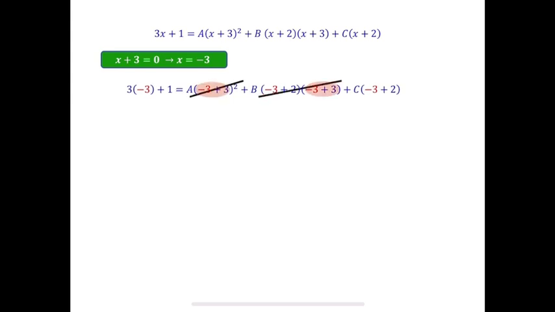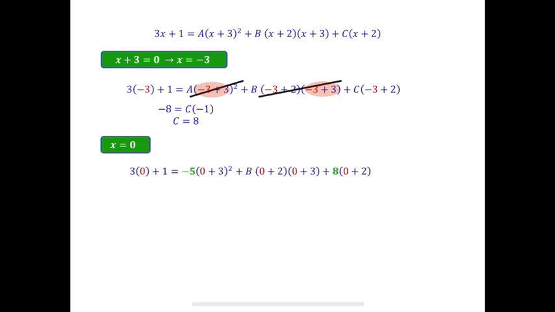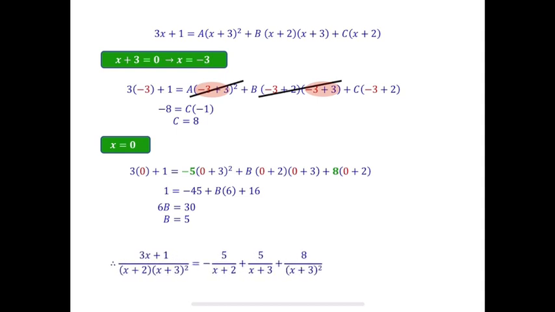These two parts will be cancelled out because of the 0, and we get the value for C. Since there are no longer factors, we can use any value to substitute, but choose the number that is easy to solve. So I choose x equals 0. Substitute this value into the equation together with the value of A and C in green color, and we get the value of B. Now state the answer in this form.